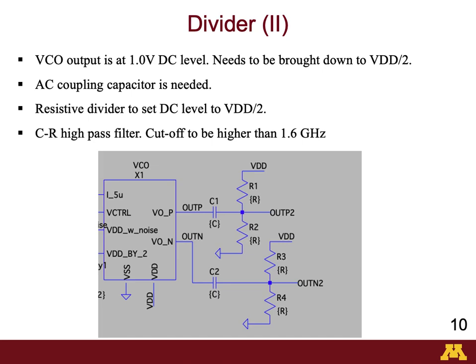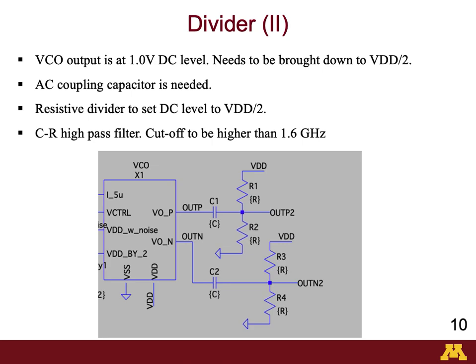So this signal having 50% duty cycle at 1.6 GHz or so will have an equilibrium or average at VDD over 2, that is 0.5 volt. This means we need to change the VCO output DC level from VDD to VDD over 2 before we feed this to the divider.